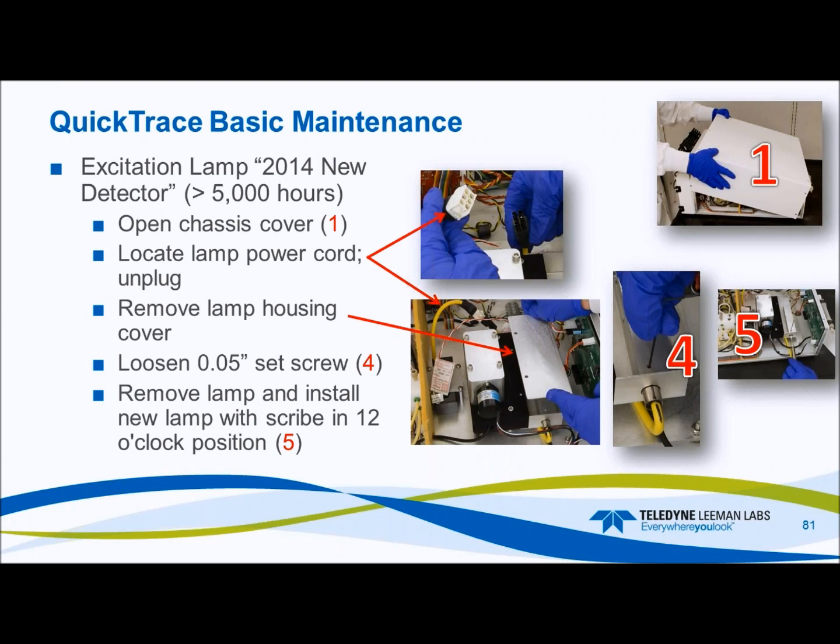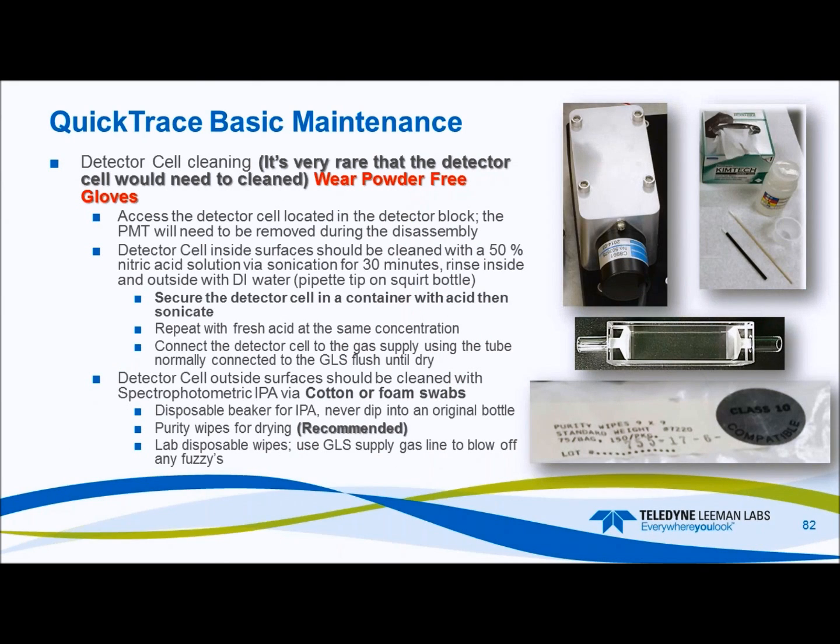When we developed the system, we had the customer in mind, which is why the gold traps are up front, easy to exchange, easy to inspect prior to the run. Same thing for all the internal systems. Same thing for the detector cell, but again, wear powder-free gloves when you're looking at this, and it's very rare you have to do anything with it.